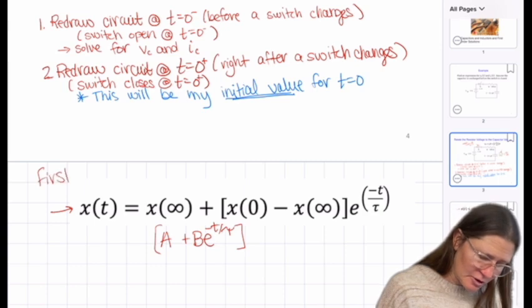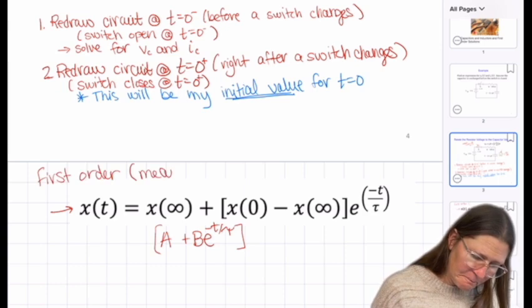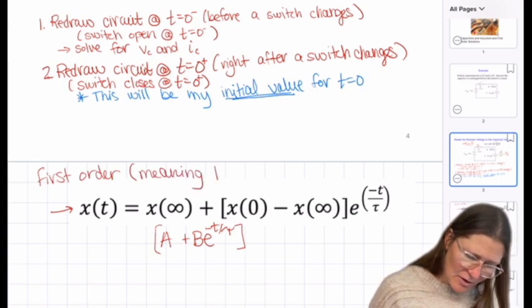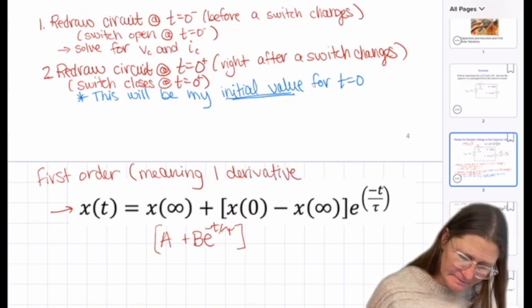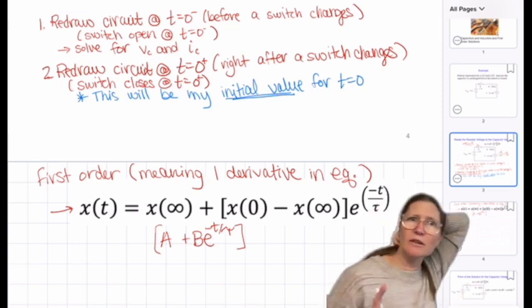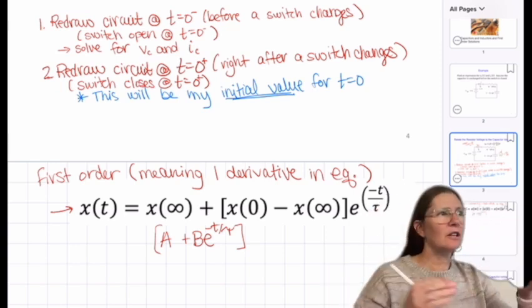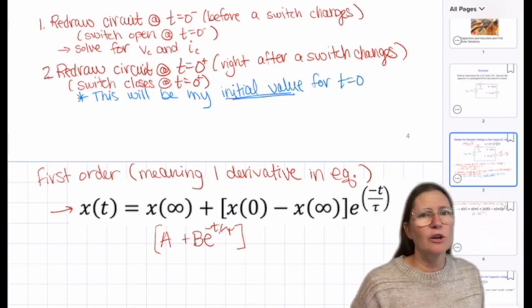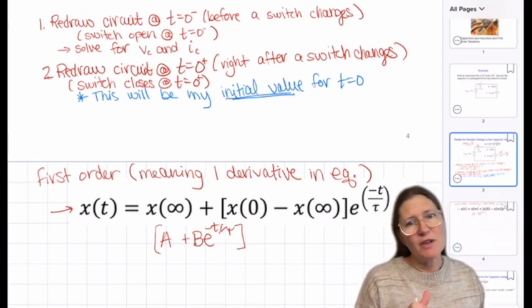First order meaning one derivative in the equation set. That's why I'm trying to solve when I have just one d/dt. So this will always be the form of that solution.